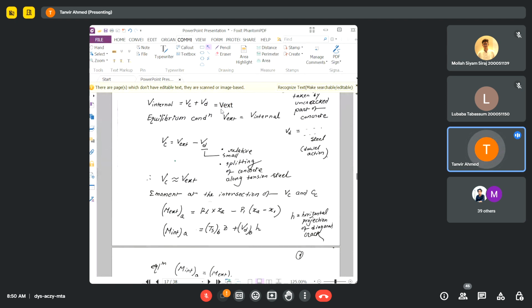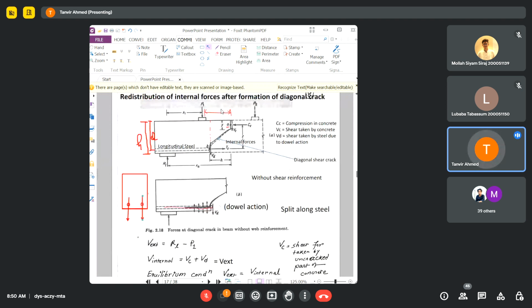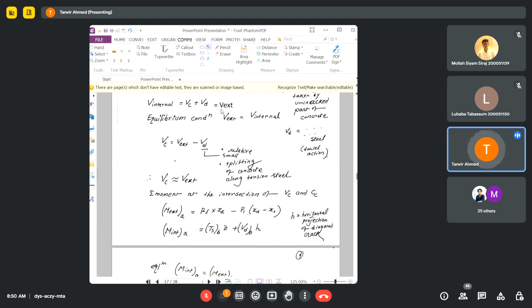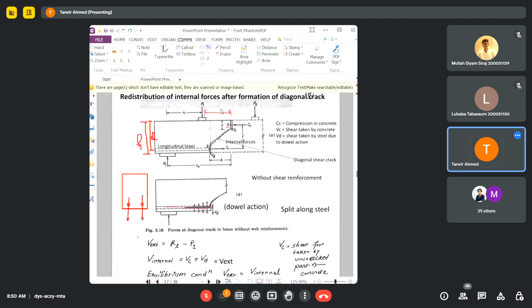Now if you take moment at point A, to calculate the external moment you need to consider this force and this force. The value of the moment will be this force times this distance. The distance from A to this force is XA, so RL times XA, and this force times this distance.